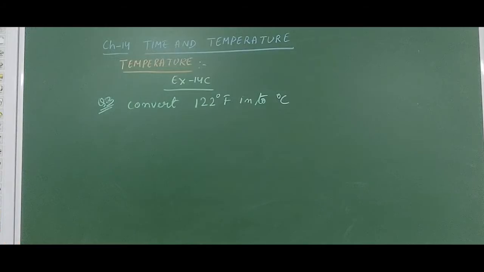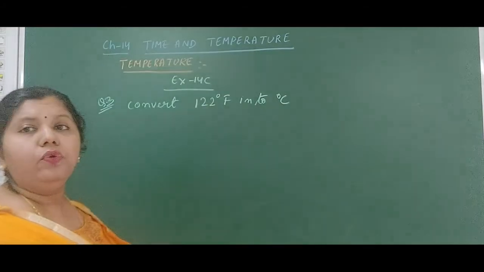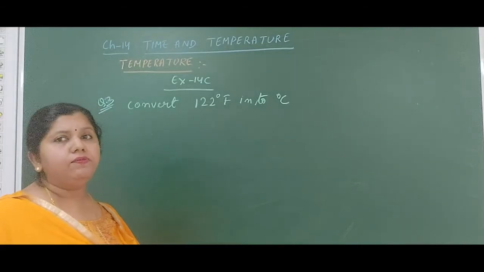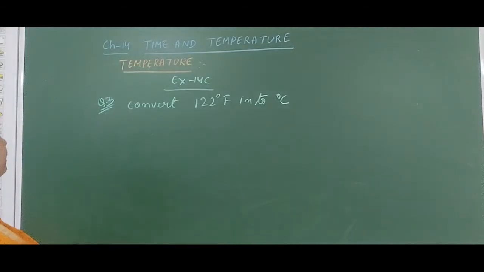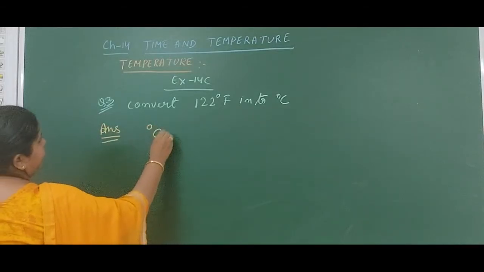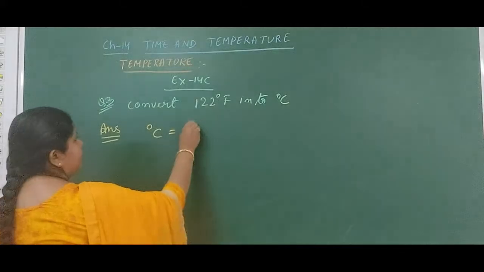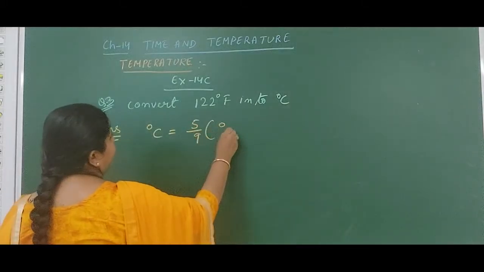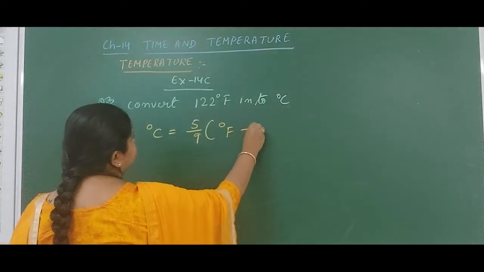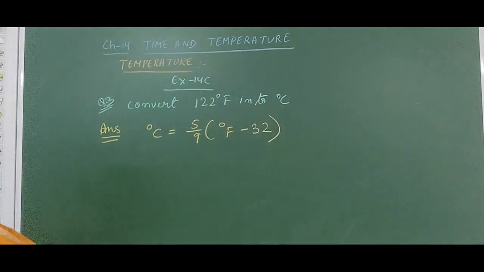Now let us look at the next question. Here you have to convert 122 degrees Fahrenheit into degrees centigrade. For this we again apply the formula: degree centigrade equals 5 by 9 into degree Fahrenheit minus 32. The bracket part we have to solve first, that is, we subtract.